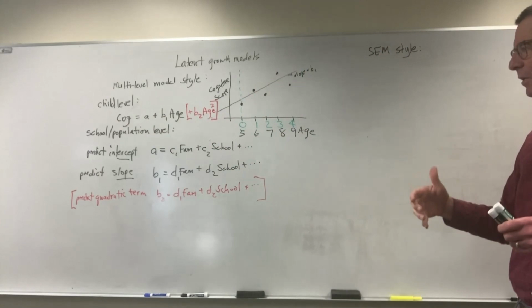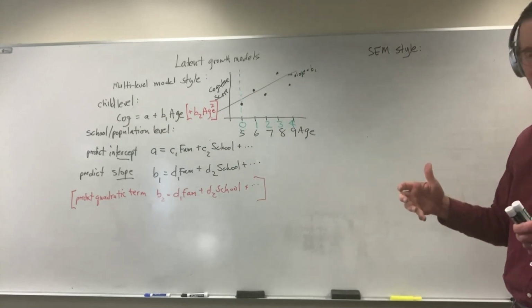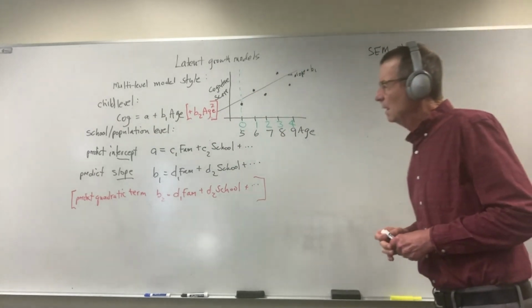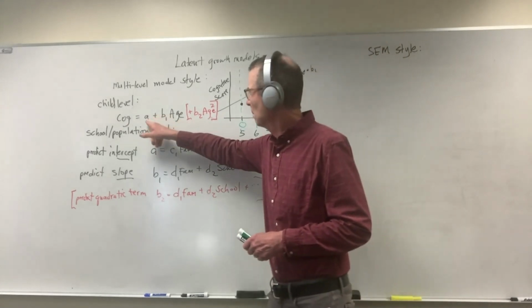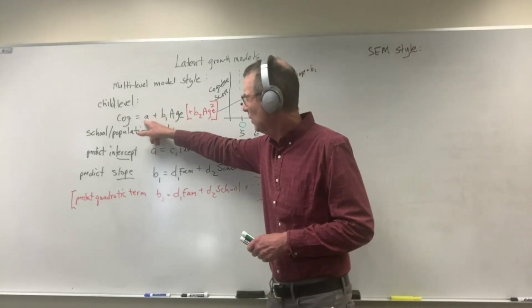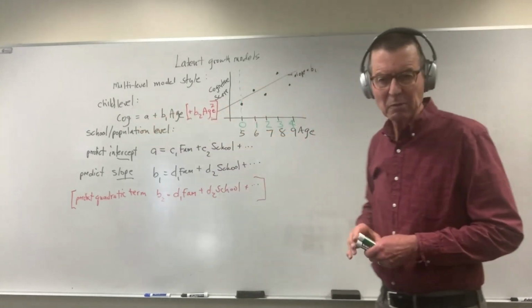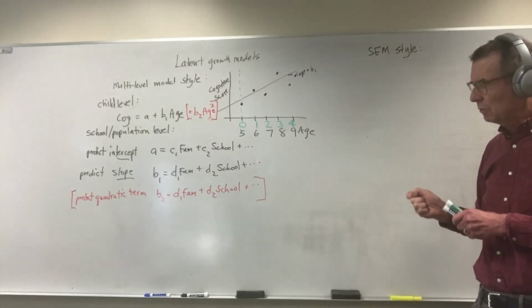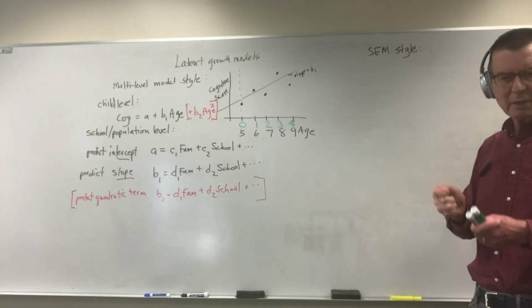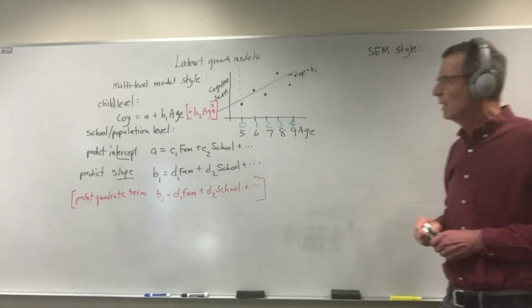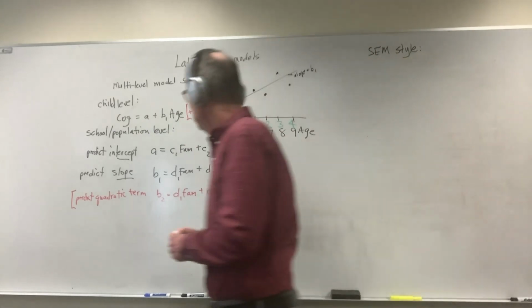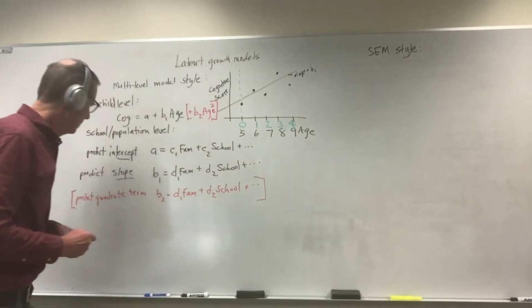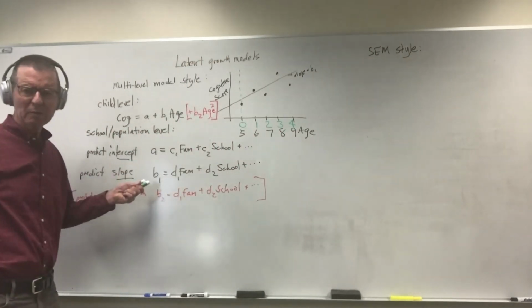You run a bivariate regression on every single child in the sample, and you get an estimate of an intercept for that child, and you get an estimate of the slope for that child. So those pieces of information, the intercept and slope, then become dependent variables in the next two equations, right?